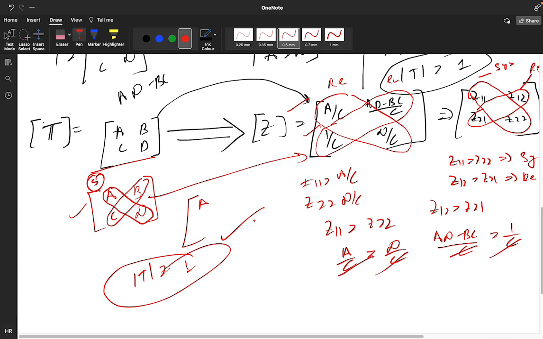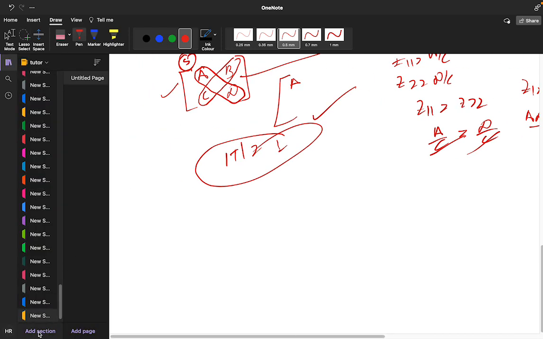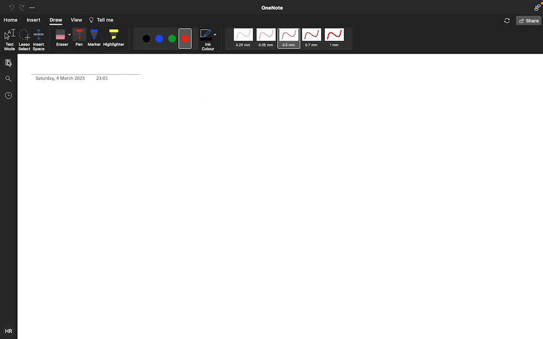Okay. See, the same thing we'll do if you want to convert your H parameter to Y parameter. Second, you have to do the H parameter to Y parameter conversion.